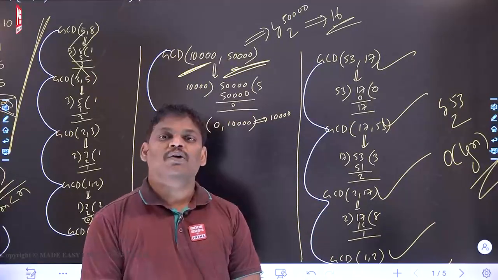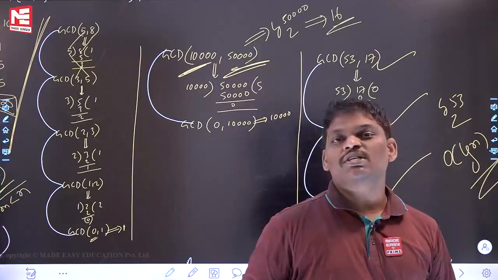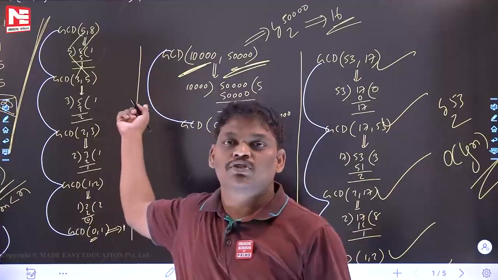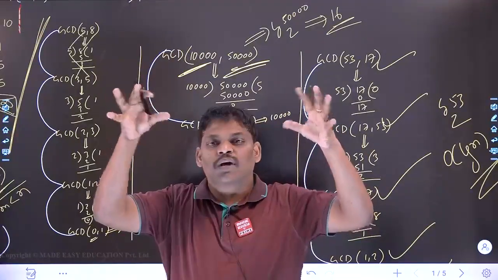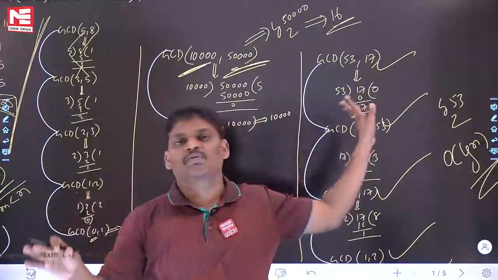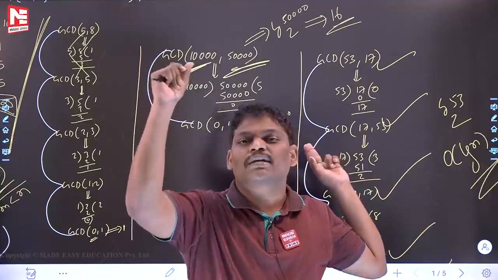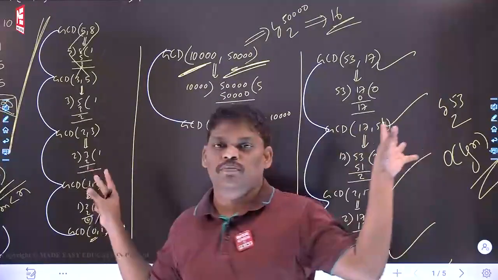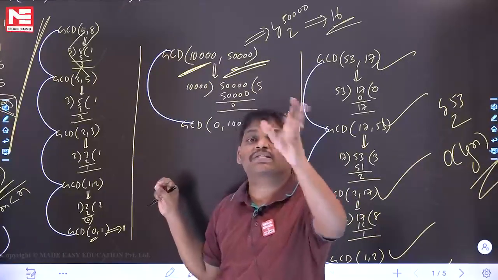When the GCD program stops immediately. If the given two numbers are multiples of each other, then GCD will stop immediately. Big number or small number doesn't matter. If the two numbers are multiples of each other, the remainder immediately becomes 0 and GCD gives the answer. GCD best case is 1, which means constant. Immediately it will stop. That is the GCD best case.